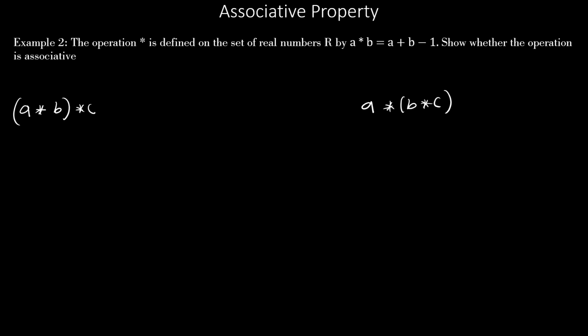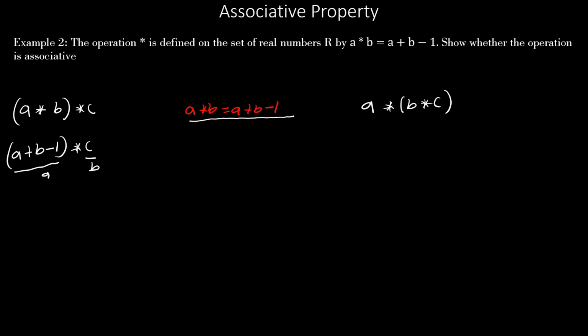And let's refer back to our operation, which is defined as A asterisk B equal to A plus B minus 1. So firstly we look at A asterisk B. Here A asterisk B equals A plus B minus 1. So we now look at (A plus B minus 1) asterisk C. Now this is our A and this is our B. The operation is defined as A plus B minus 1.